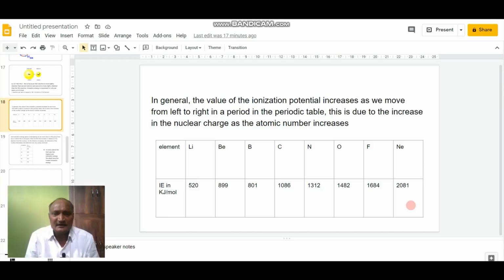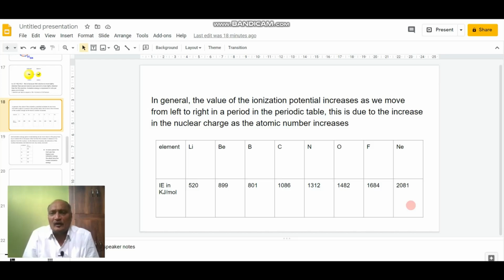And it is clearly observed that as we move from left to right in a period in the periodic table, particularly here we have taken the example of the second period, that is moving from lithium to neon, there is a constant increase in the ionization energy values.